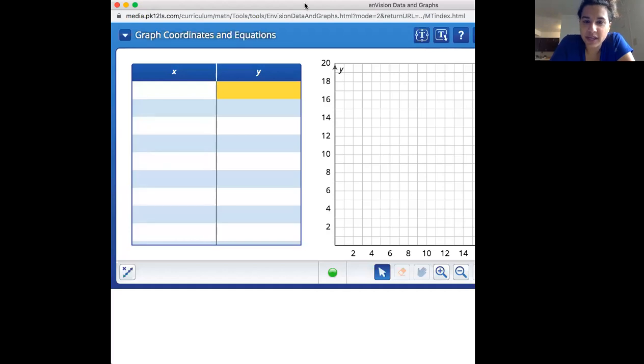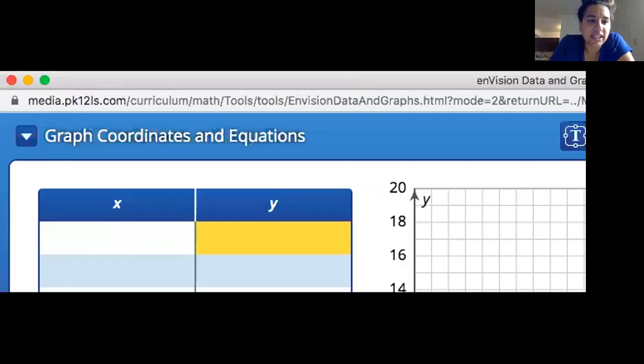All right, so here we go. Here's your solve and share for 15-3, and you want to be able to analyze patterns and graph ordered pairs generated from number sequences. So let's see what our problem is. A bakery can fit either 6 regular muffins or 4 jumbo muffins in a box.